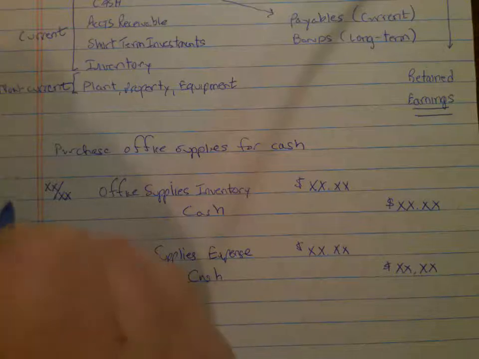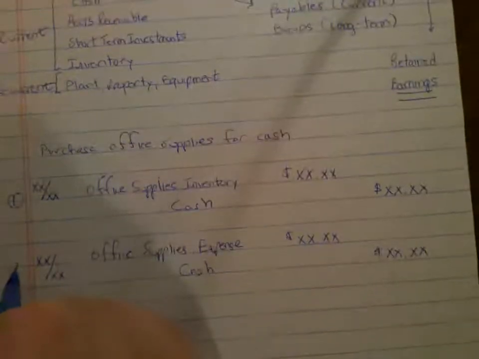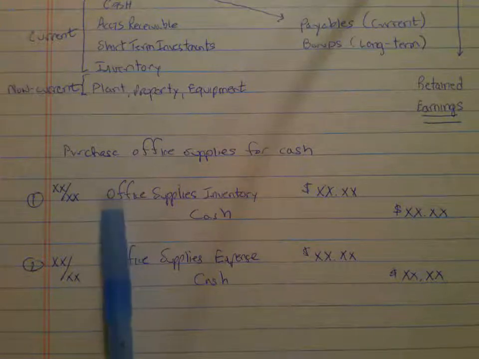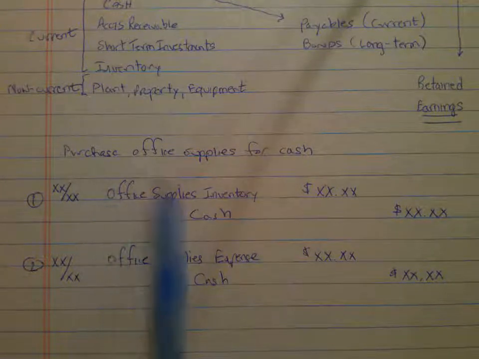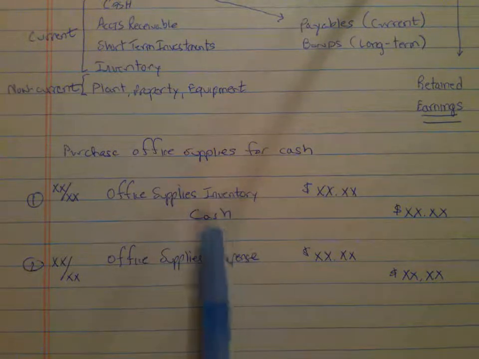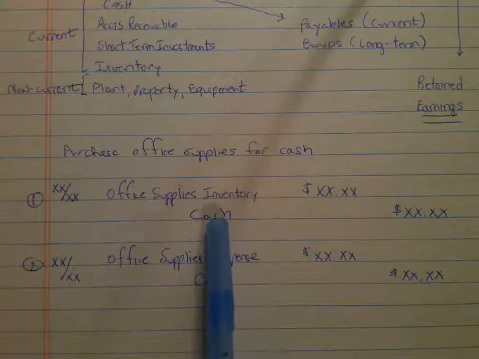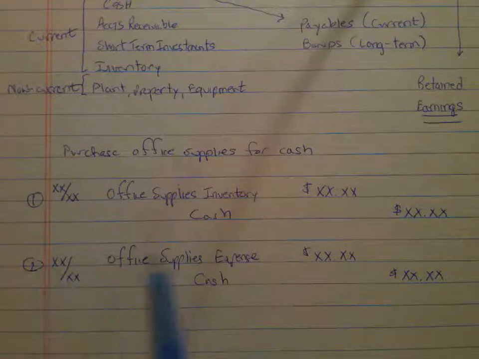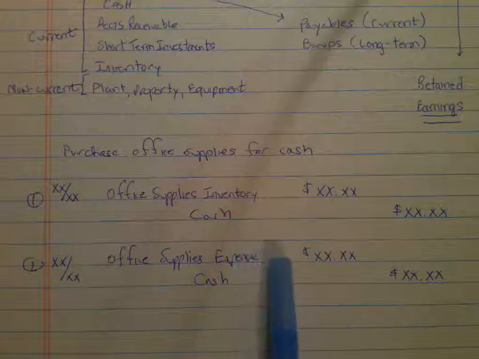In version number one, what we're doing is we're putting office supplies into inventory, okay, which is an asset, and then we're using cash, which is an asset. In the second version, we're basically expensing it as if it was all used up.